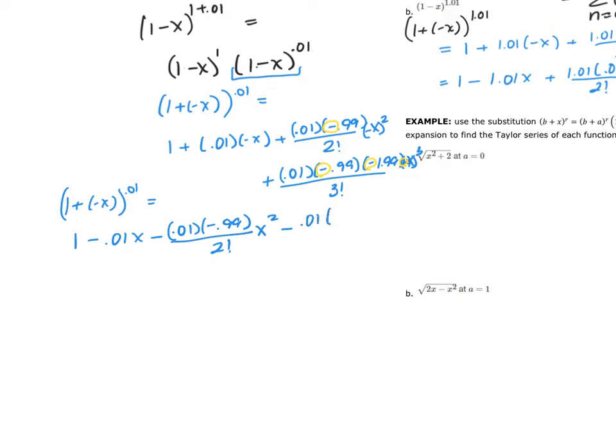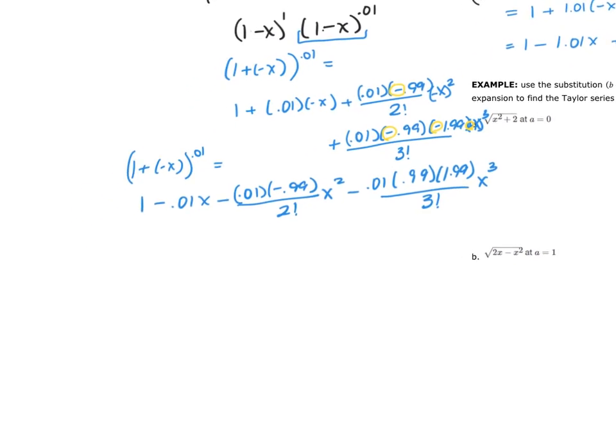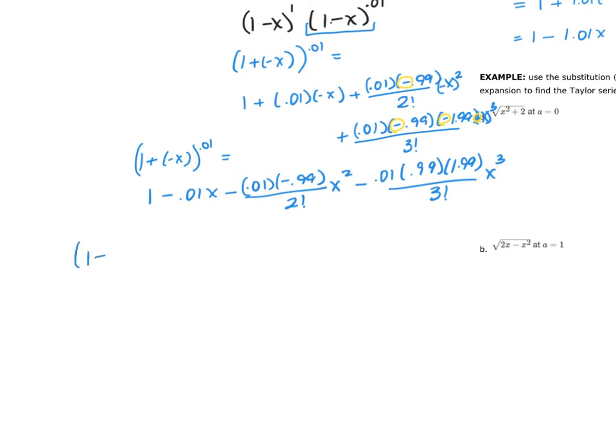So 0.01, 0.99, 1.99, over 3 factorial x raised to the third. So I know that that part, which is the 1 plus negative x raised to the 0.01, is going to become the summation of n equals 0 to infinity of negative 1 raised to the n, and then 0.01 choose n, x raised to the n.